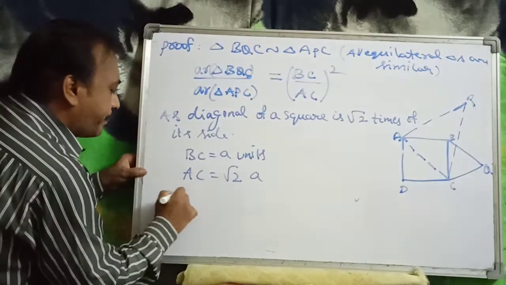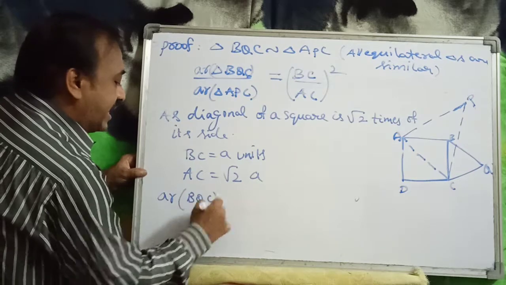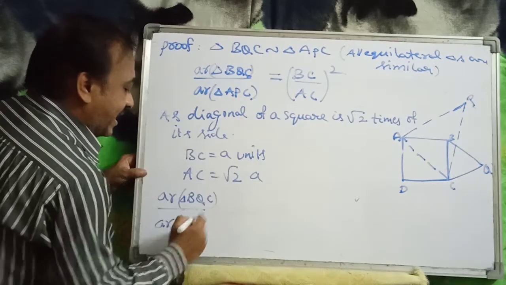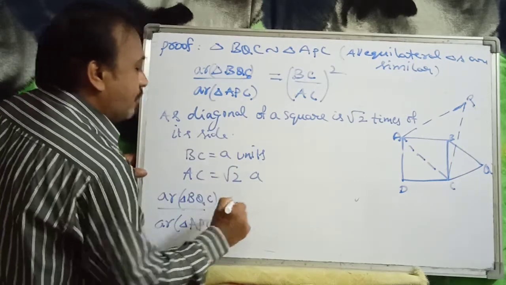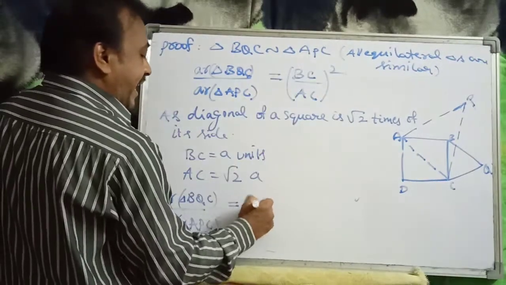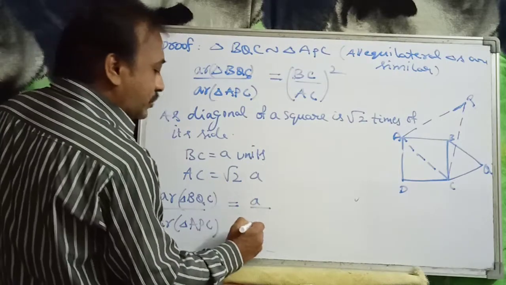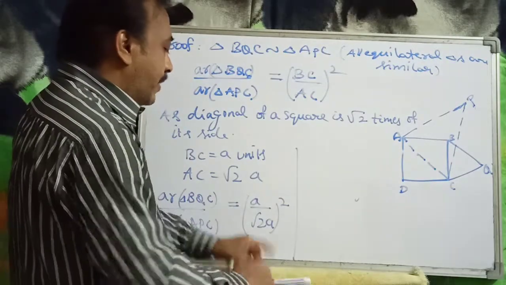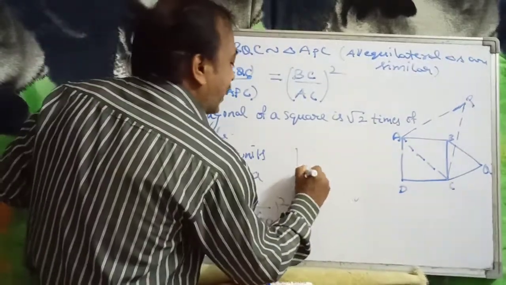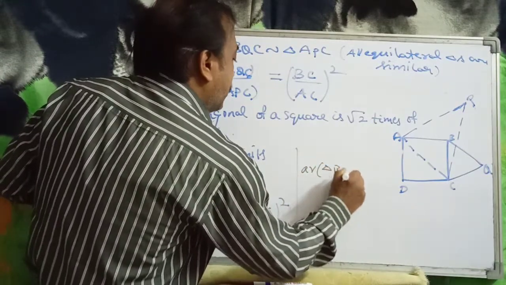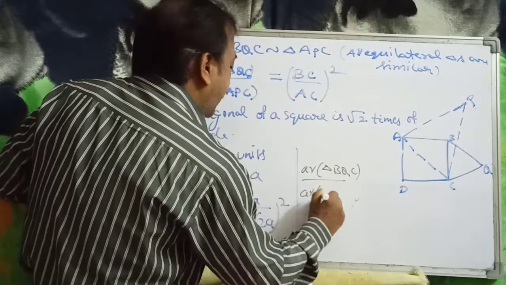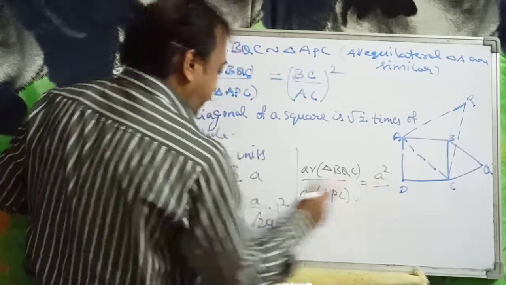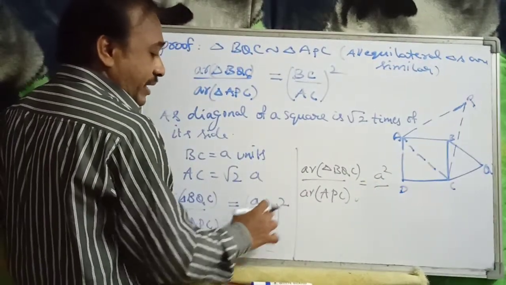So area of triangle BQC by area of triangle APC is equal to BC square, that is A, by AC, which is root 2A, whole square. Now the square is applicable for both the numerator and denominator, so the square and square root get cancelled.